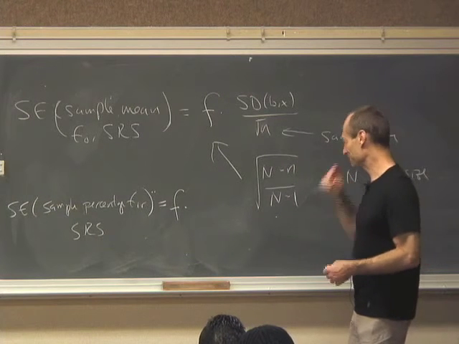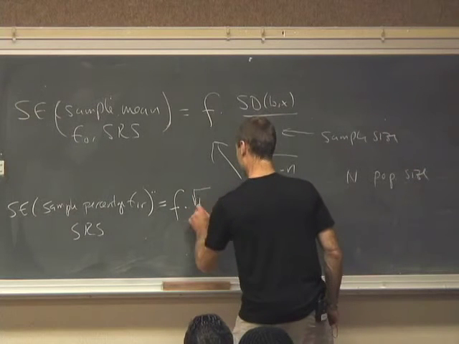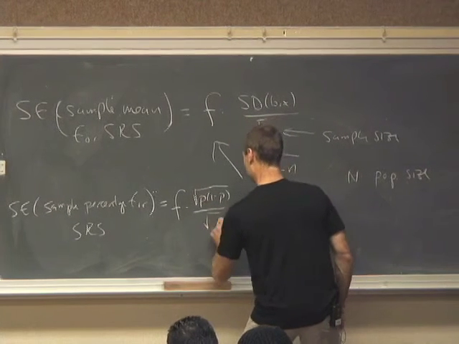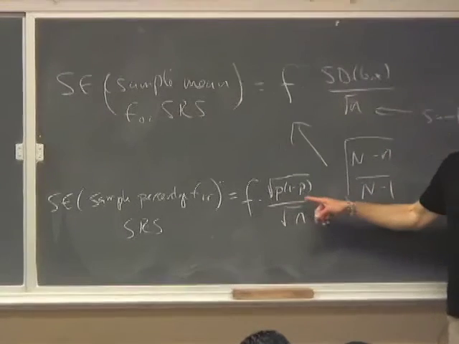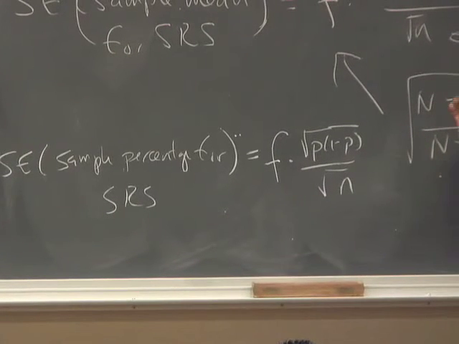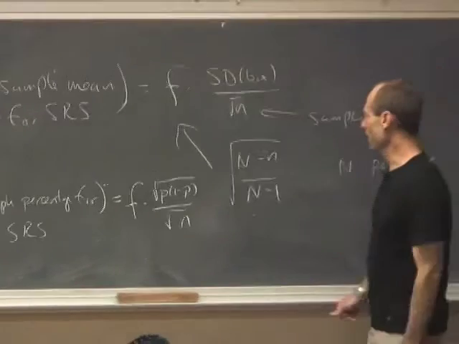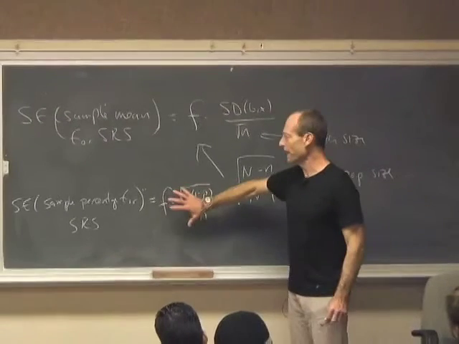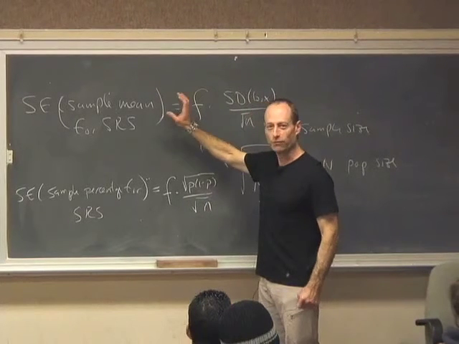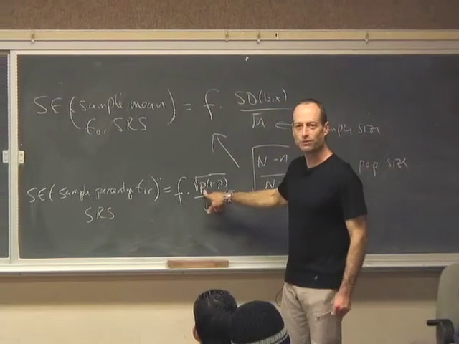Not ringing a bell? The SD of the box is the square root of p times (1 minus p), where p is the fraction of 1s in the box. Okay, so this is the special case that the population we're drawing from only contains 0s and 1s, and p is the proportion of 1s.